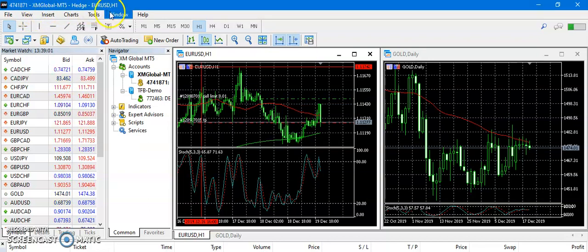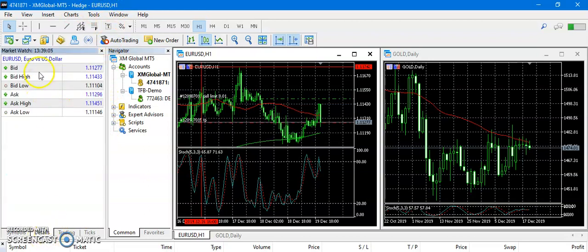Alright, those are some of the tools you can really look at. Here you have details about the particular pair you're dealing with. Okay, I think we'll talk about this in our next video. There you have the bid, the high, and the ask, the bid and the ask, the high and the low.